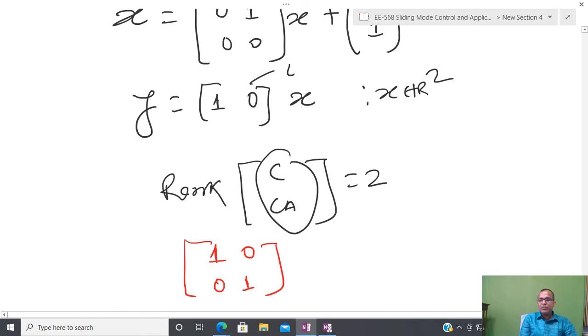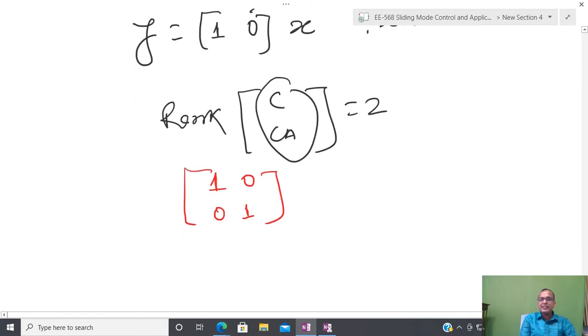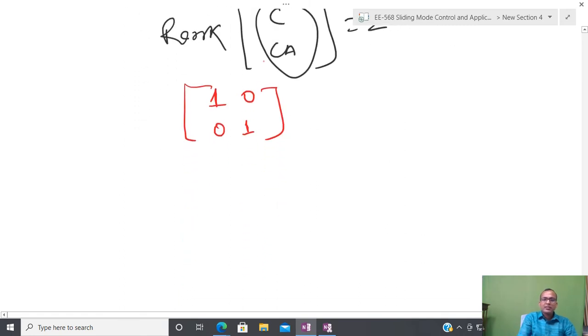So could you please tell me what is the rank of this matrix? Karthikeya, what is the rank of this matrix?